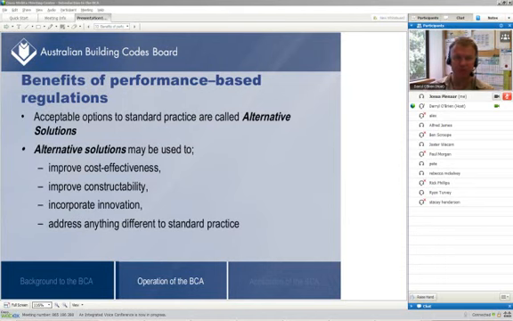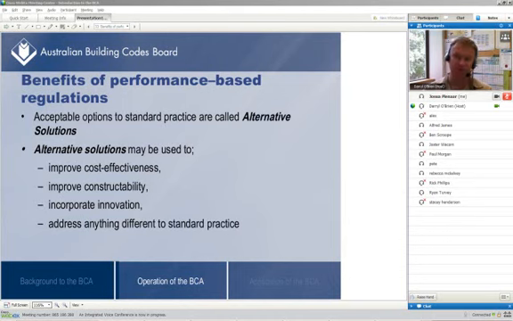Acceptable options to standard practice are called alternative solutions, and as I said, alternative solutions may be used to improve cost effectiveness, improve constructability, incorporate innovation, and address anything different to standard practice. You mainly see alternative solutions at the moment in fire engineering, so I don't know if you guys are familiar with fire engineering as a concept, but that's where they may decide that they don't want to put in a fire hydrant system because they don't have enough water, so they'll get a fire engineer to maybe look at putting in sprinklers, so sprinklering the entire building.